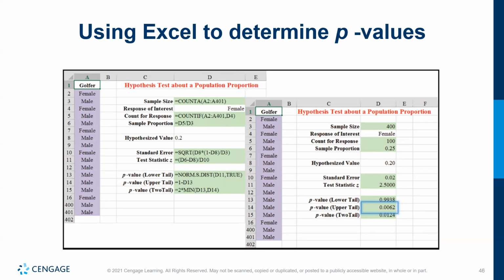The test statistic is going to be our sample proportion minus the hypothesized value over the standard error. And then norm.s.dist.